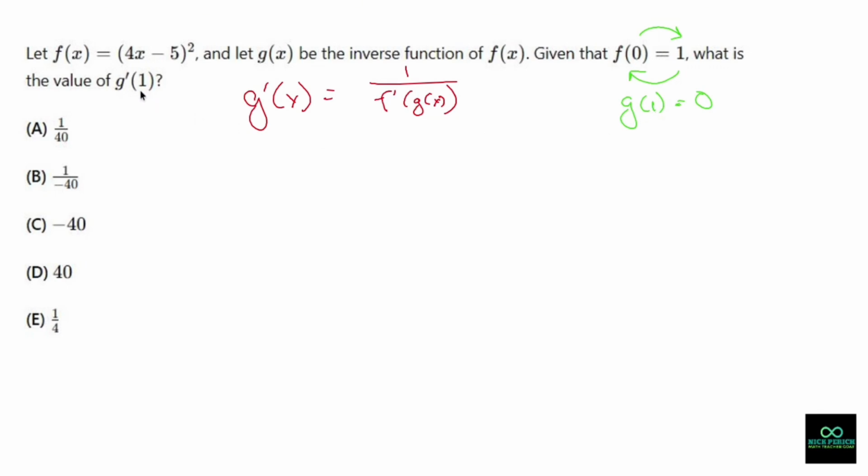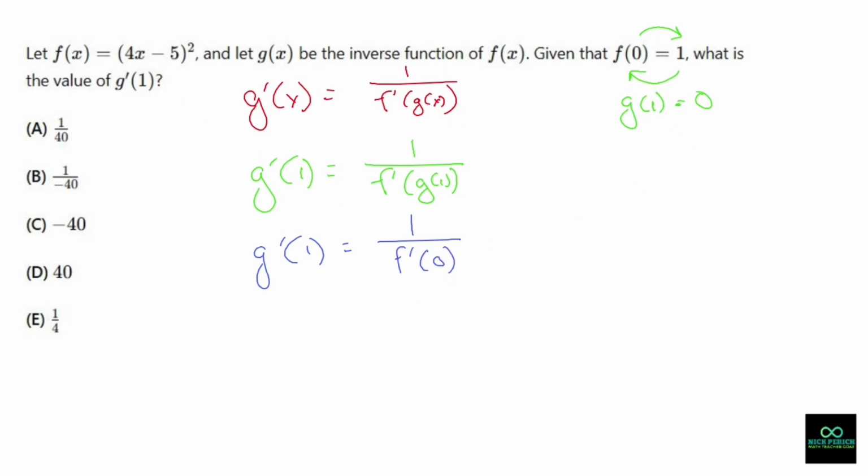So in order to find g prime of 1, we start out by saying 1 over f prime of g of 1. And so that g of 1 inside the parentheses means g prime of 1 is going to be 1 over f prime of 0.